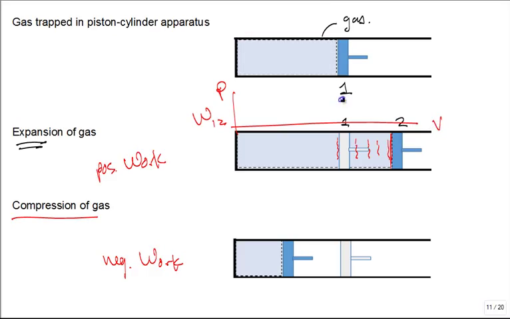I started here at a high pressure. I went to this volume right here. It probably went down. And now if I started here at that same pressure, and I compress it, what do you think is going to happen? Go up. It's going to go up.